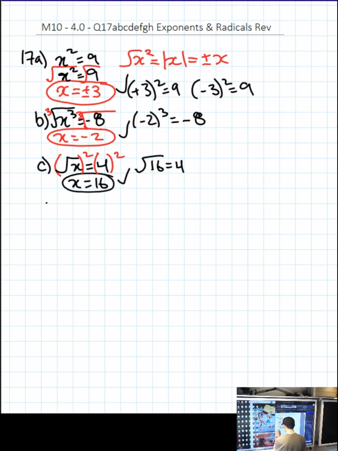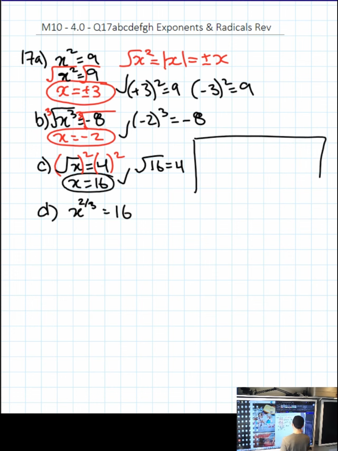Okay, D. We have x to the 2 over 3 equals 16. I'm going to do the last question a little bit differently off to the right in a large box. The square root of x is equal to x to the 1/2, and it's x to the 1, we learned earlier how to convert that.